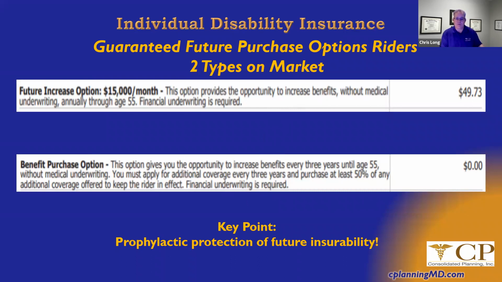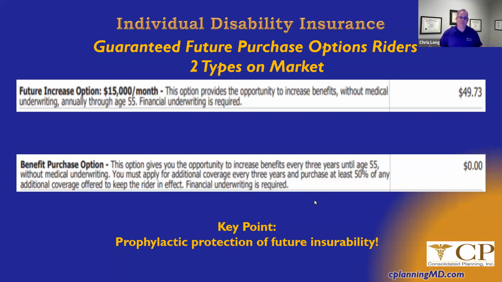They're going to go through the financial underwriting and determine if you're eligible for any more. If you are, then they expect you to take at least 50% of the amount of coverage you're eligible for, or they're going to take that rider off the contract. And then the only way to increase it going forward would be with full medical underwriting.